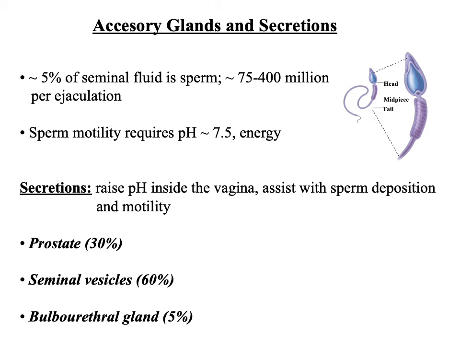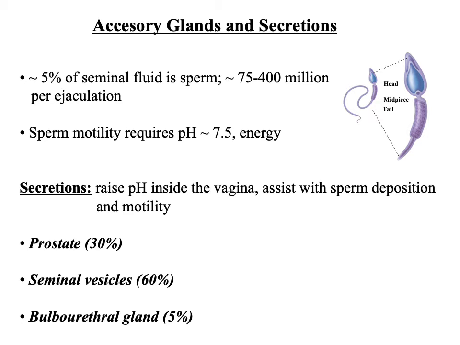Now in males, we do have several glands, which are known as accessory glands, and so I want to look at some of the other secretions that join the sperm in males. I noticed I missed an S in accessory, I apologize for that. The seminal fluid is what is released during ejaculation.